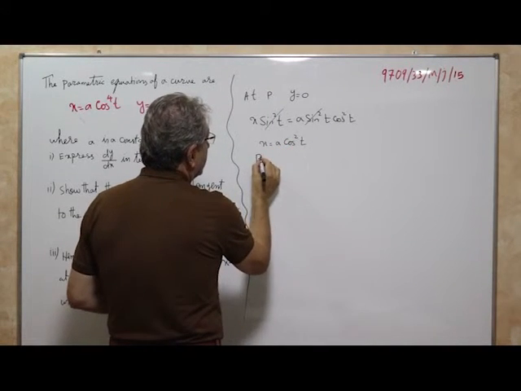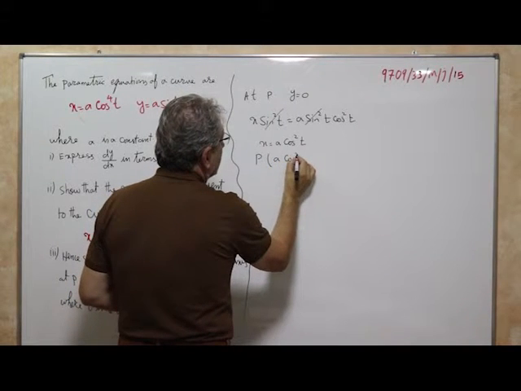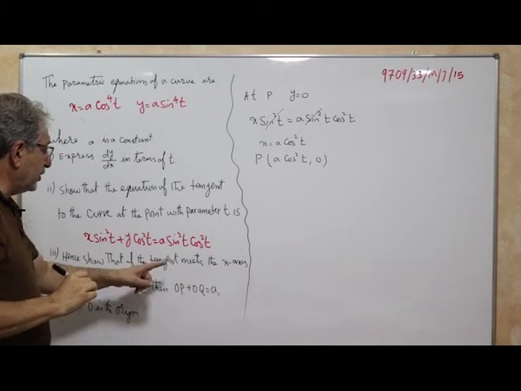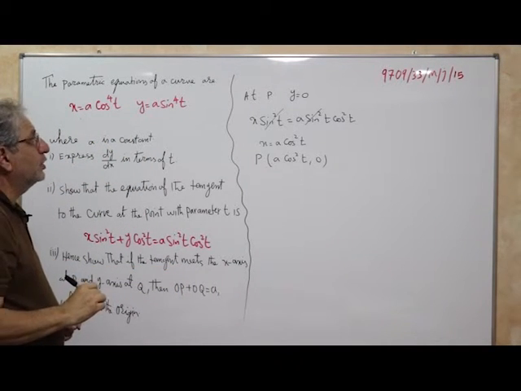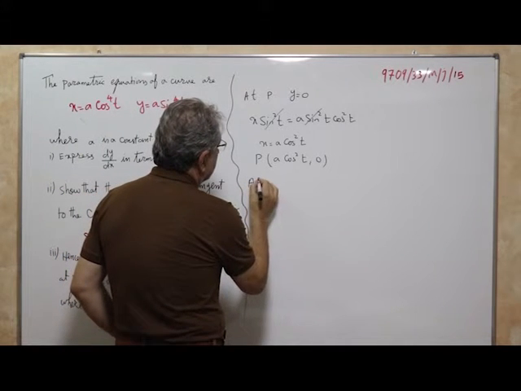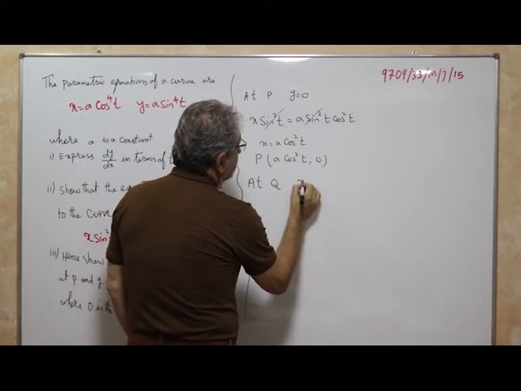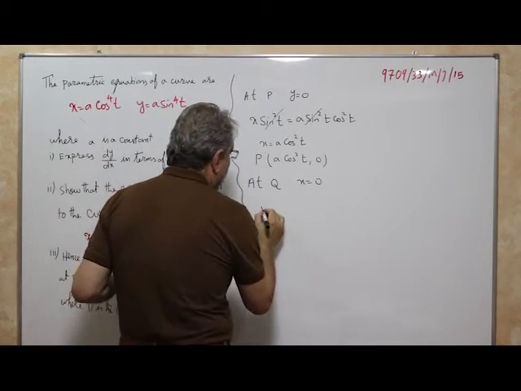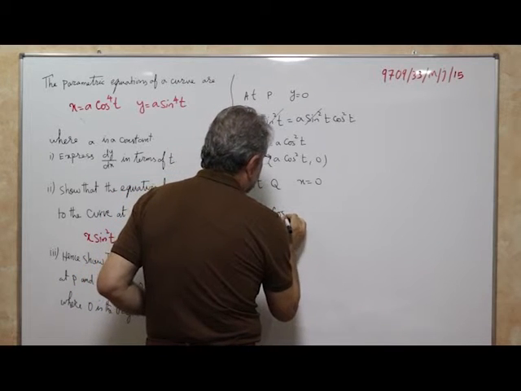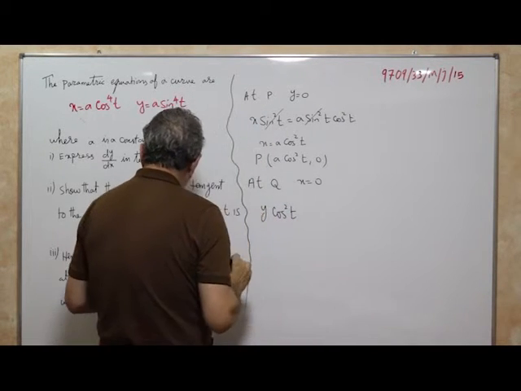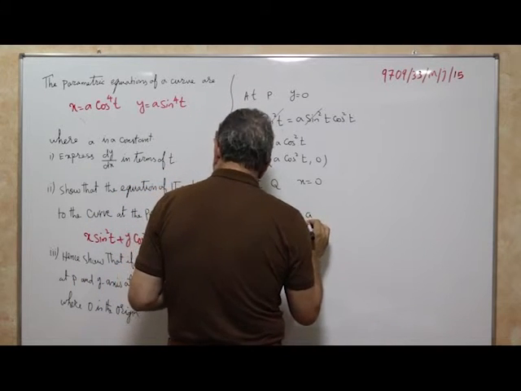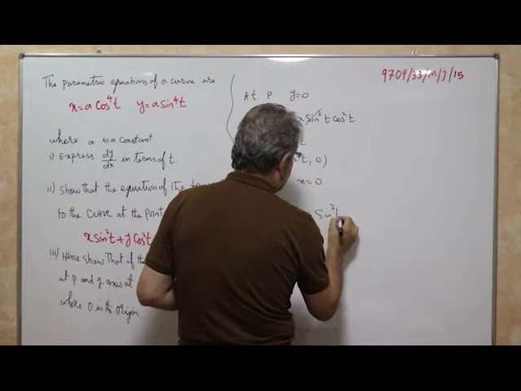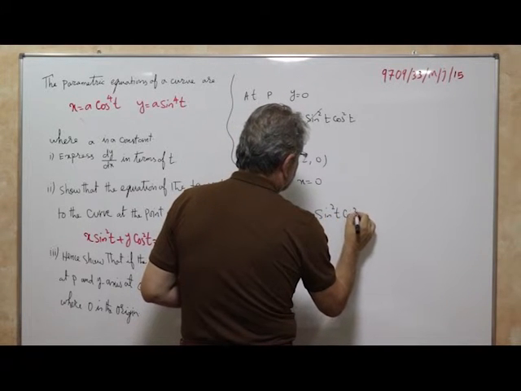Therefore the point P is a cos square of t and 0. Now, the point Q is on the y-axis, so x is equal to 0. At Q, x is 0. Therefore, what will happen? If x is 0, this is 0, then I'm going to get y cos square of t is equal to a sine square of t cos square of t.